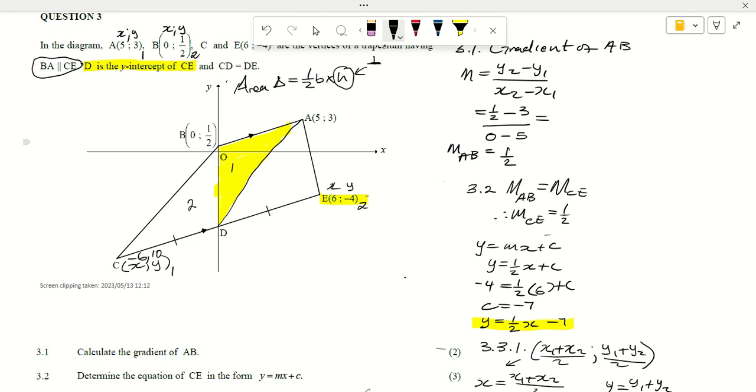It has to be a perpendicular height, not just any height, and it has to be perpendicular to one side of the triangle. So now in looking for the height, we can use BD as a side which lies on the y axis.